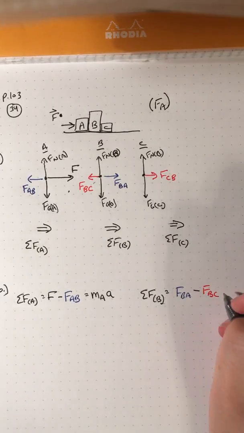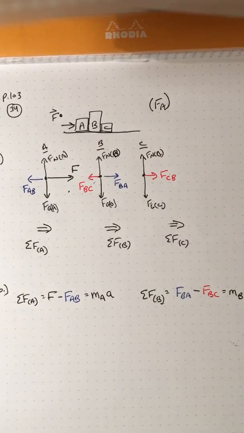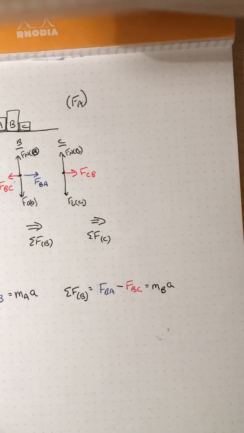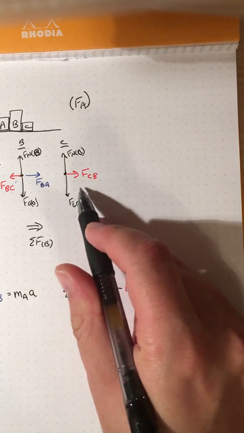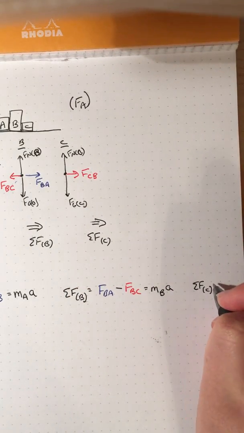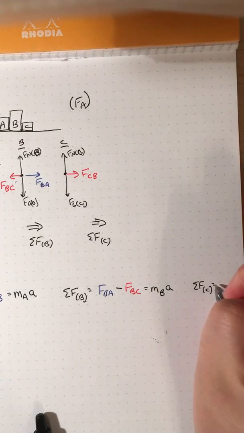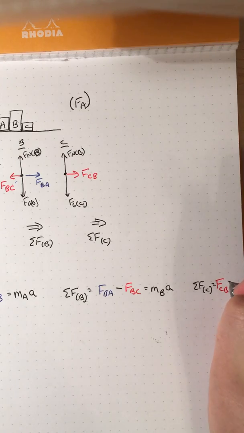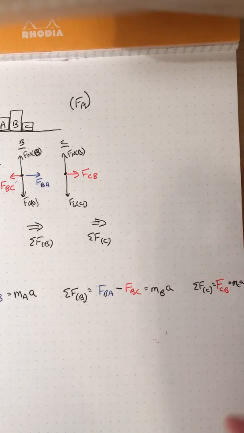And that's going to be equal to the mass of B times A. And then we have one more. The net force on C only comes from one force, FCB, which is also equal to the mass of C times A.